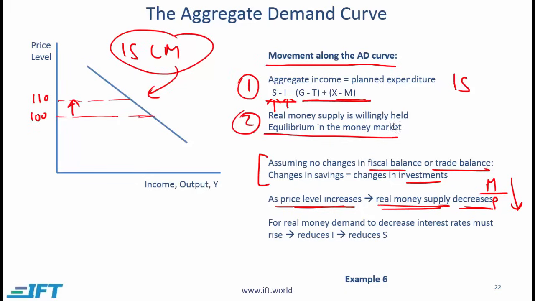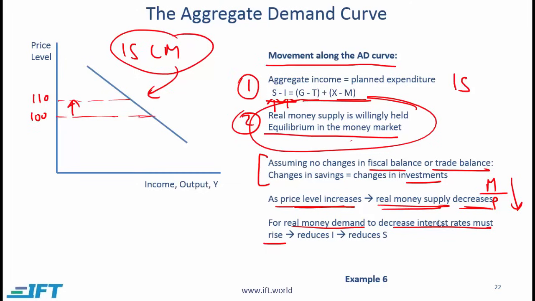But given the fact that we need to have equilibrium in the money market, a decrease in money supply means that the real money demanded also needs to go down. And for real money demand to go down, the interest rates must rise. Why is that?